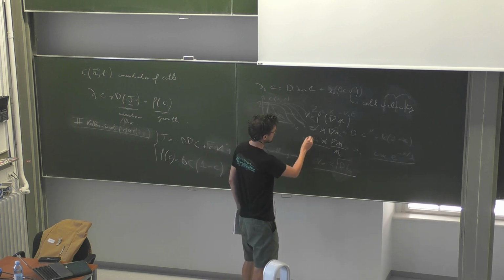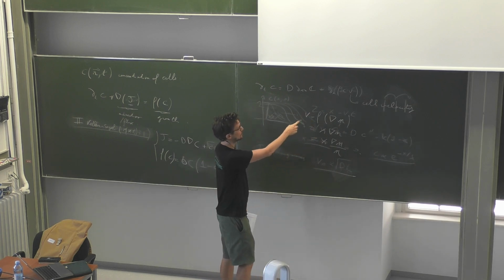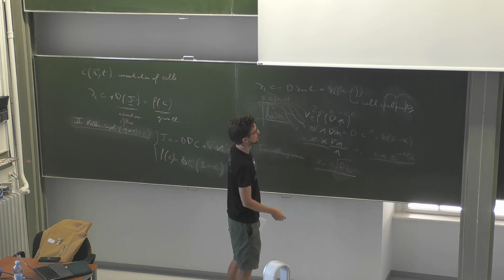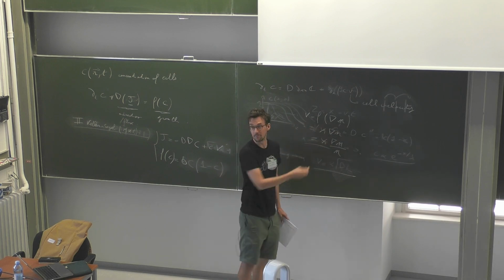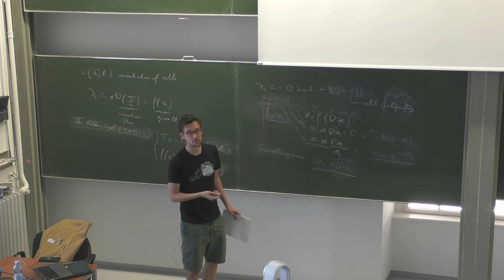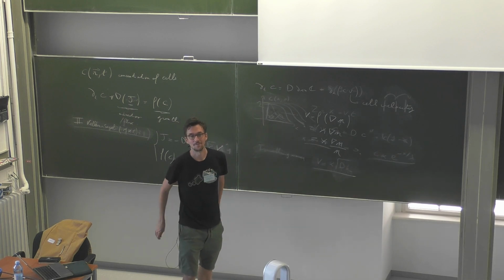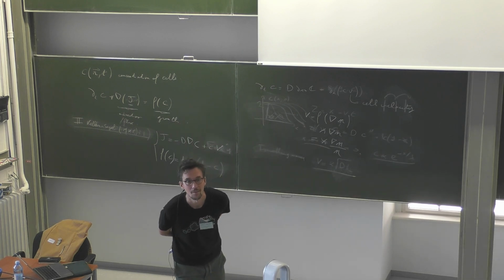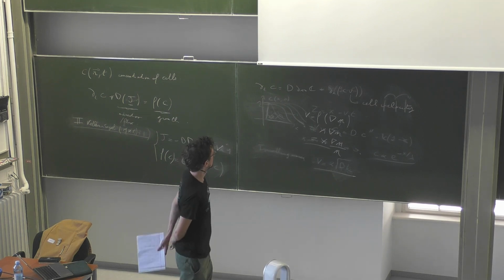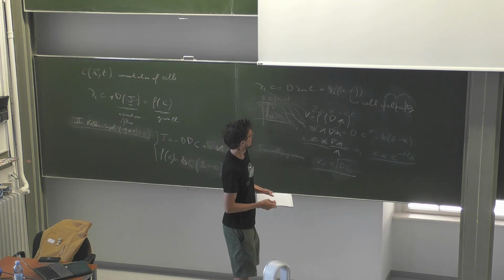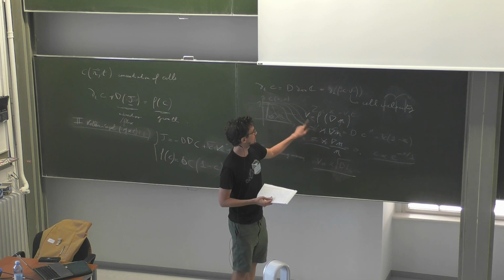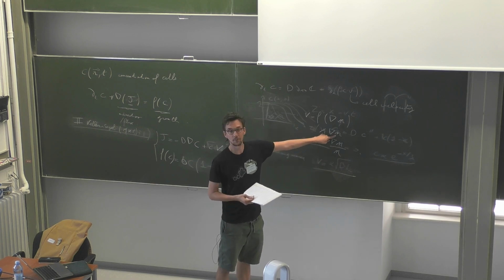So now I've coupled my V to a gradient of concentration. I'm just saying V is proportional to my gradient of chemical.